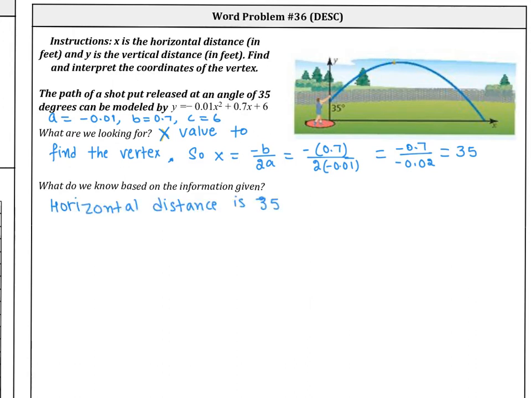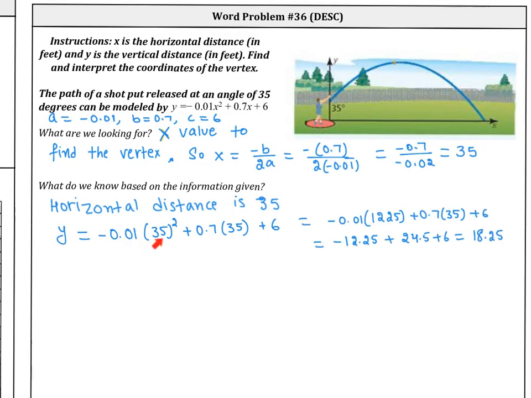Now we are going to find the vertical distance, or the y value. Use the given equation and plug in 35 for x. Again, you can use the calculator for that.